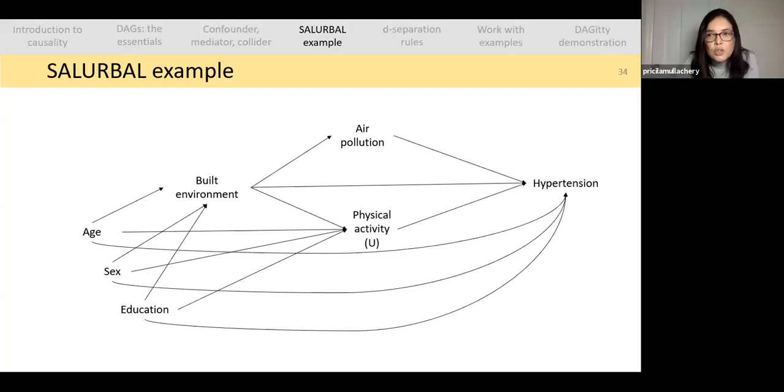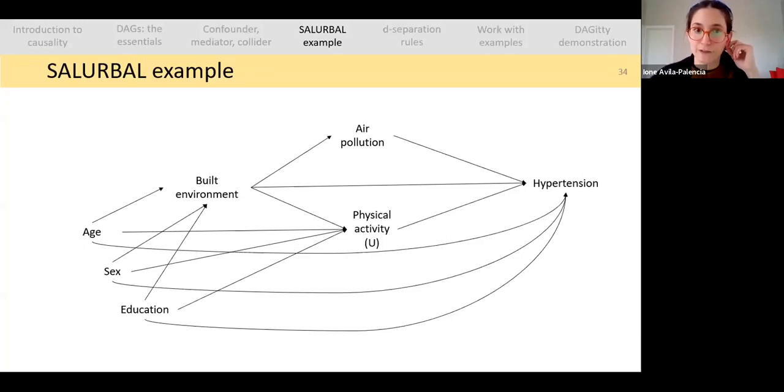There is one question, Yoni, on the chat about how you think that sex and education have a causal effect on built environment. That's a very good question. It depends how you are understanding built environment.